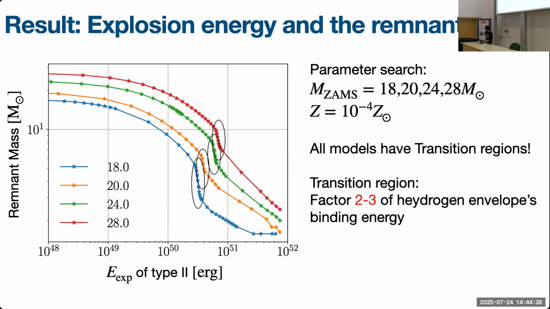We find all models have transition regions, and the transition region corresponds to a multiplied factor of 2 or 3 of the hydrogen envelope's binding energy.